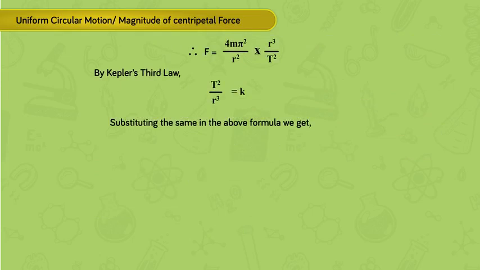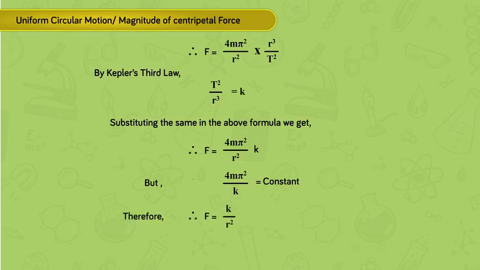Substituting the same in the above formula, we get F is equal to 4 m pi squared upon r squared into k. Constant 4 m pi squared upon k is equal to a constant. Therefore, F is equal to k upon r squared. Hence, equation 3, F is directly proportional to 1 upon r squared.